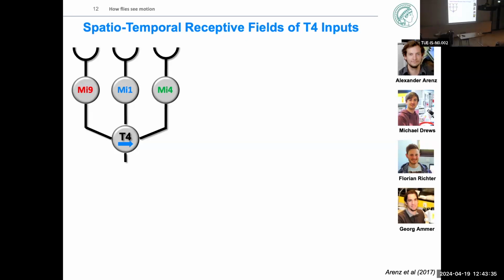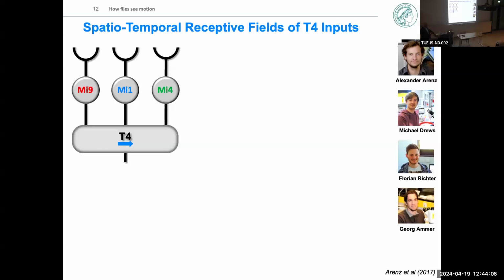But what was really rewarding about these anatomical results was that it, again, reflects this tripartite structure that we found and postulated from our functional experiments. And it's reflected in the anatomy. The T4 cell tuned to rightward motion has the Mi9 cell here, Mi4 there, and the T4 cell for the opposite direction then has Mi9 here and Mi4 there, right?